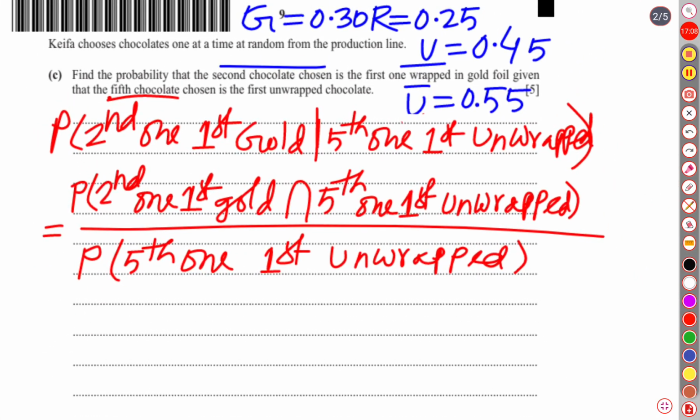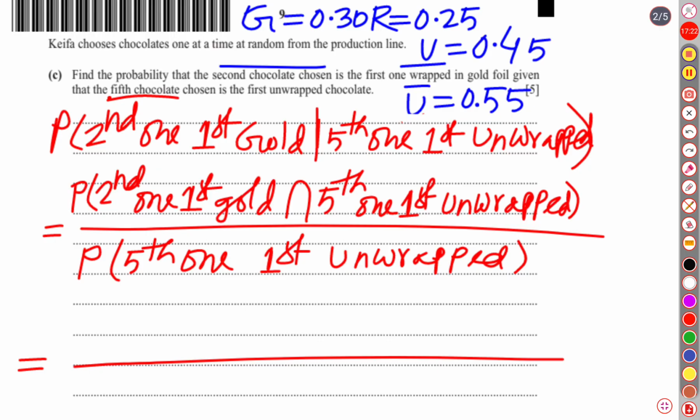So the second one is the first gold, so the probability is 0.3.